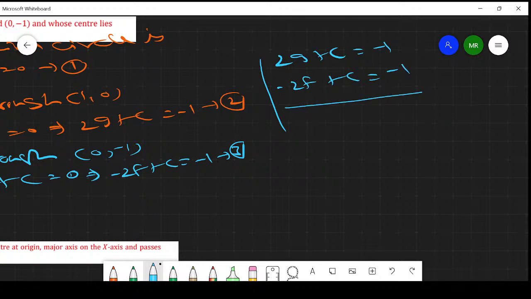Subtracting these, I can eliminate the c values, and minus and minus becomes plus. You will get 2g plus 2f equal to minus 1 plus 1, that will be 0. You will get it like this. Is it clear?